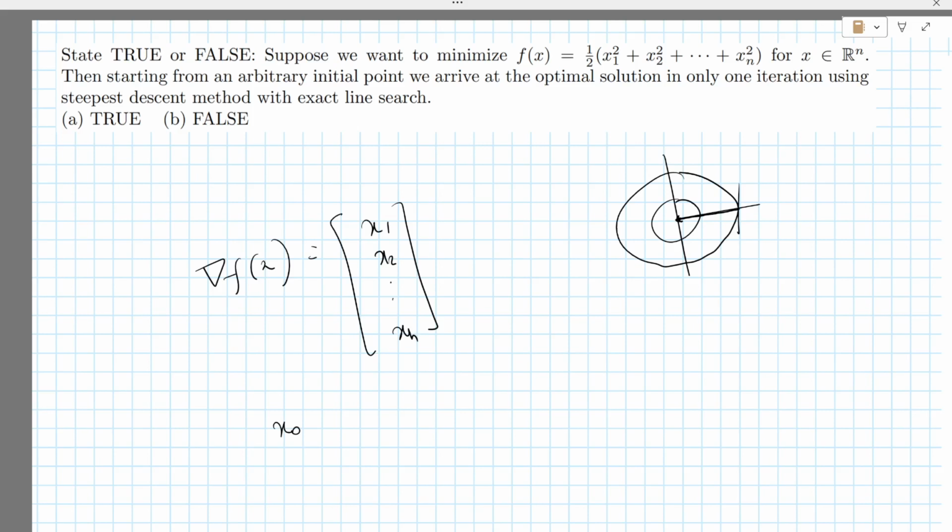and I think the closed form for line search for a quadratic function was discussed. Let me just search it out, I forgot.